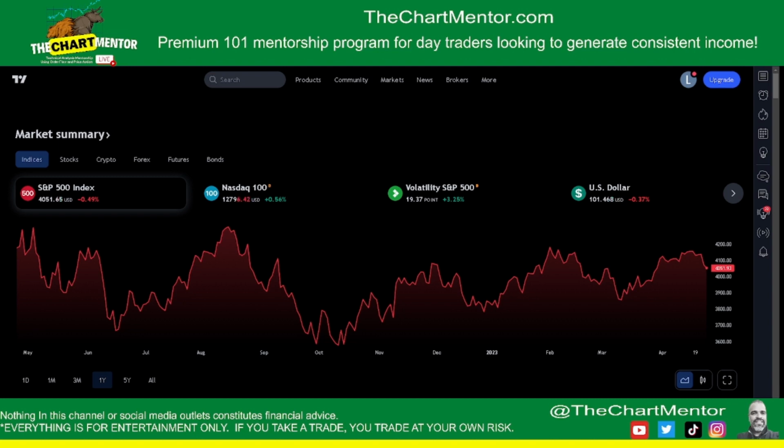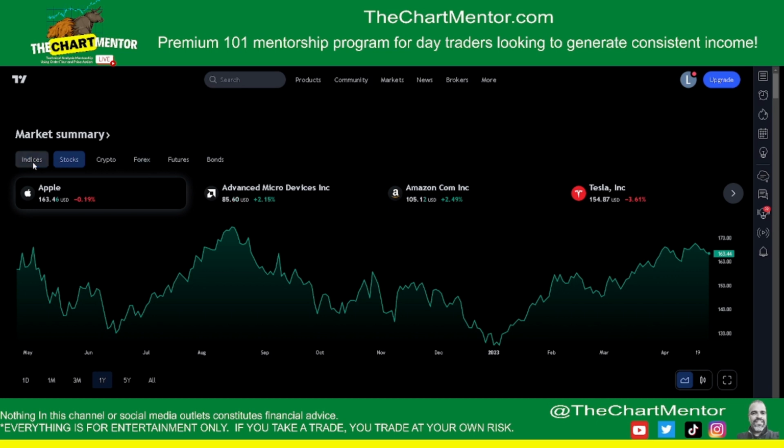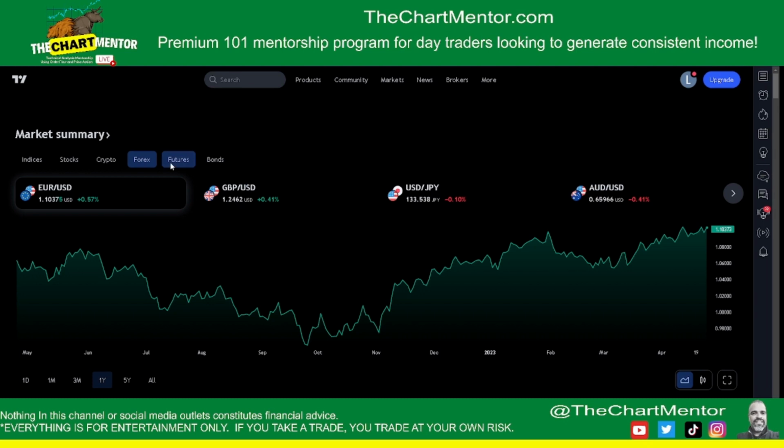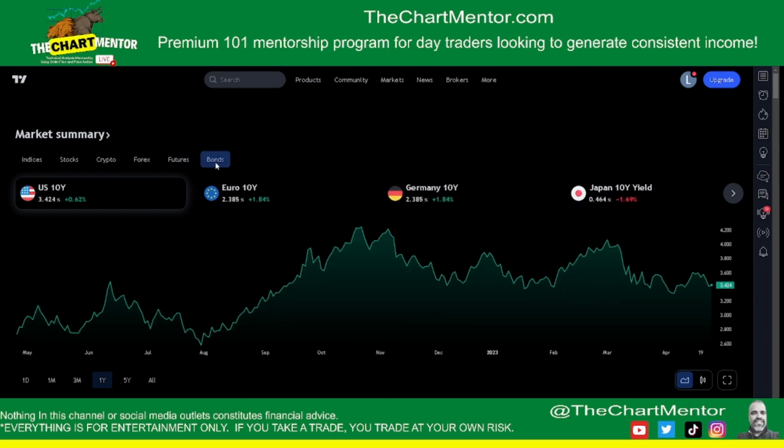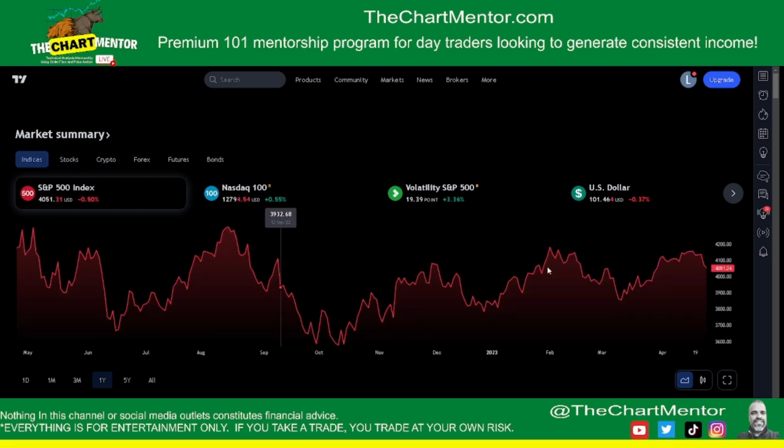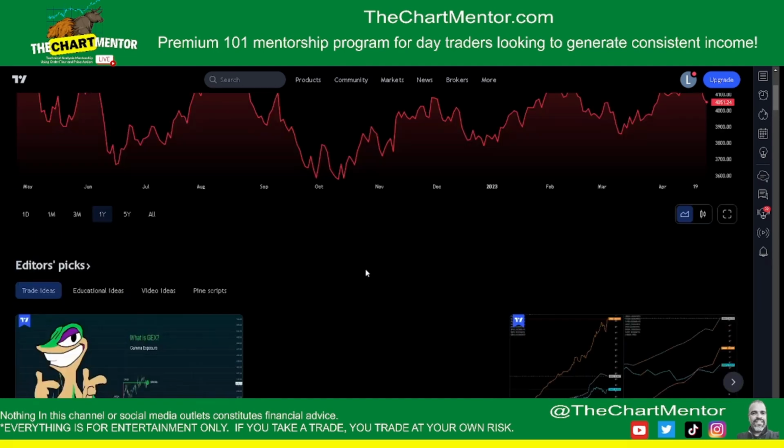But for the most part, the home page typically does have the market summary, where you can see all the markets they provide you, starting with the indices, stocks, crypto, forex, futures, and then bonds. As I said earlier, TradingView provides you with complete exposure to all of the different markets.